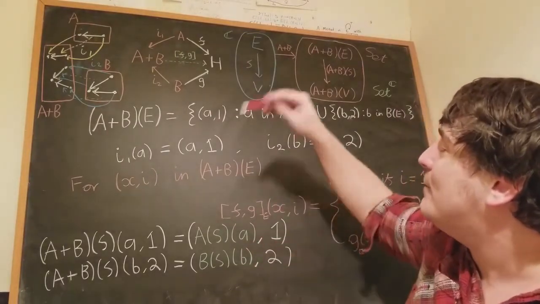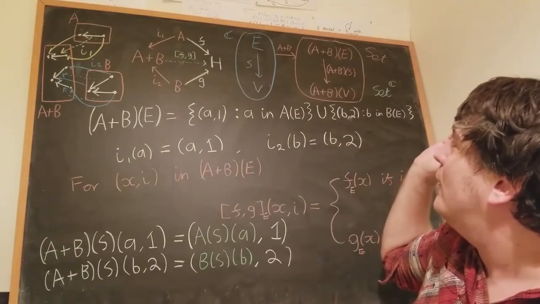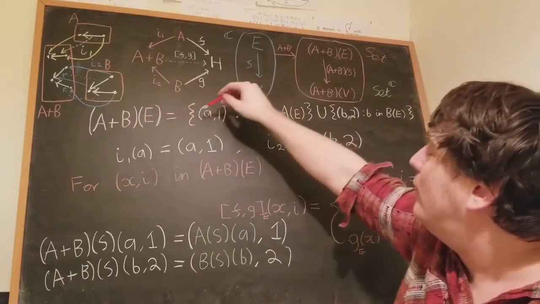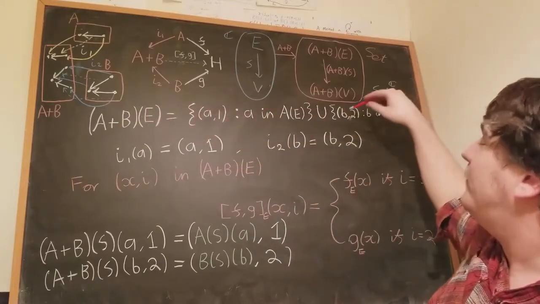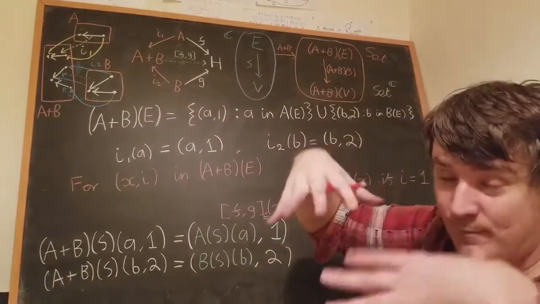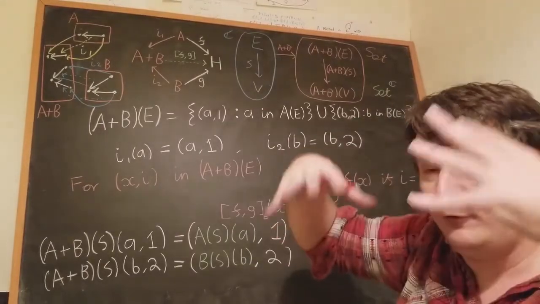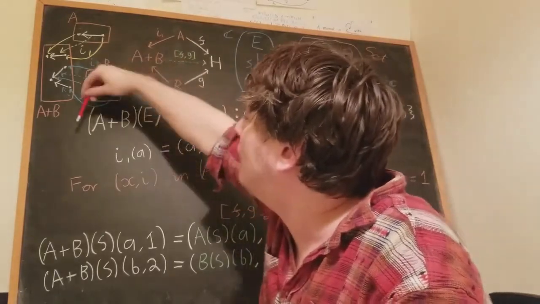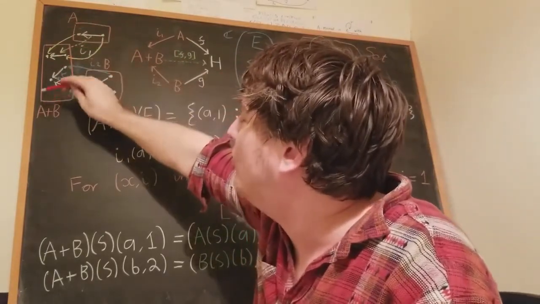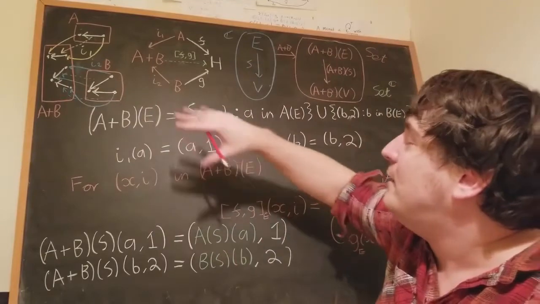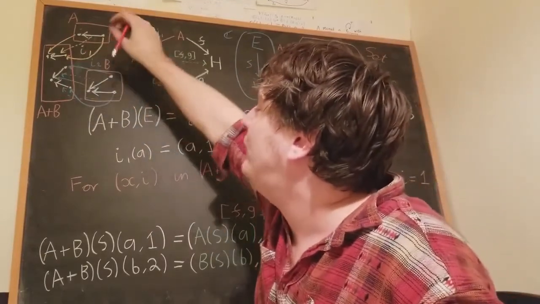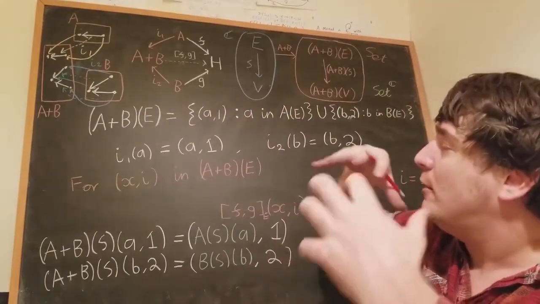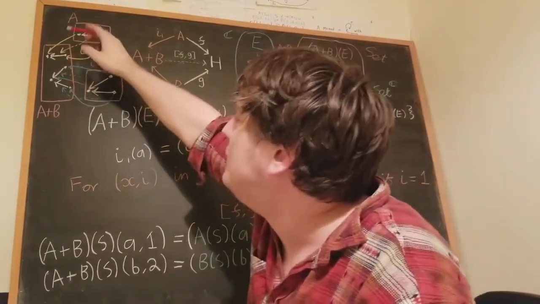Let's say we label everything that comes from A with a 1, and we label everything that comes from B with a 2 on the end. So we make sure that we've really got a disjoint union or discriminated union of these two structures, and then we just consider them together, and that's what we call A plus B. And then these I1 and I2 are basically just injections which select these two different chunks that this is the disjoint union of.